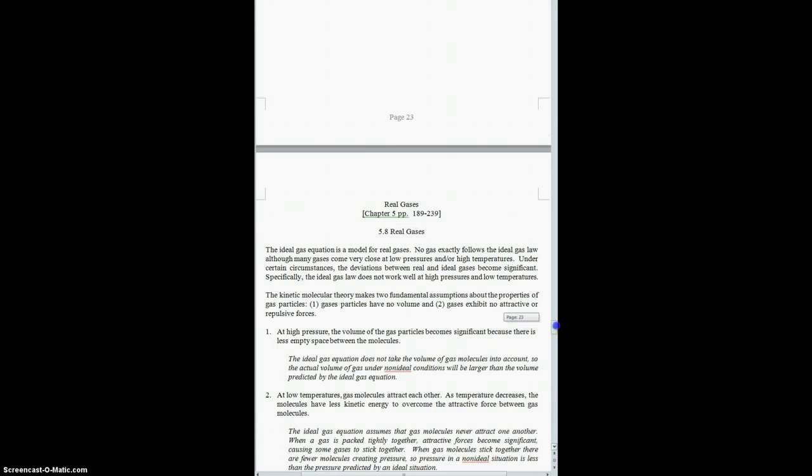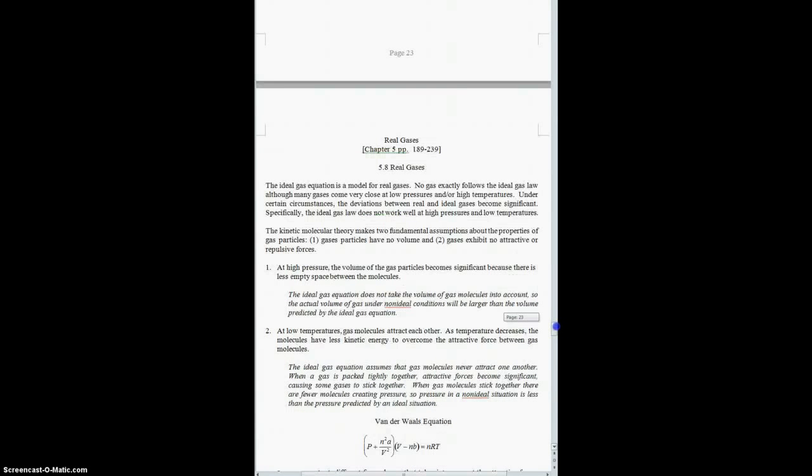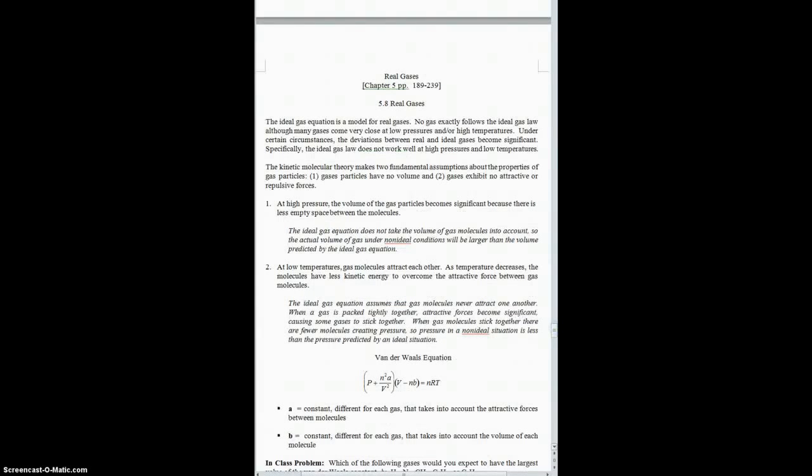Okay, so scroll down. The last thing we're going to talk about is real gases. So remember that this is some of what we've already discussed. The ideal gas equation is a model only for real gases. So no gas is exactly ideal, okay? And we said that gases come close to being ideal gases under conditions of low pressure and high temperature, okay?